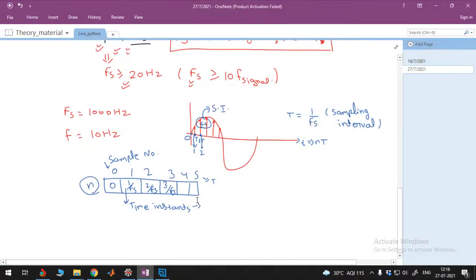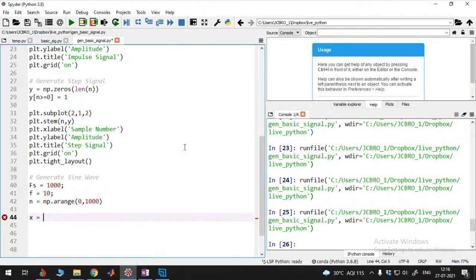Now if you think about the sine equation, x of n will become sine 2 pi f into nTs, right? So this Ts is the sampling interval. This Ts has been replaced by small t. So in time domain we have a small t, but when we have sampled it, it will become n into Ts. So that's what we are going to use here.